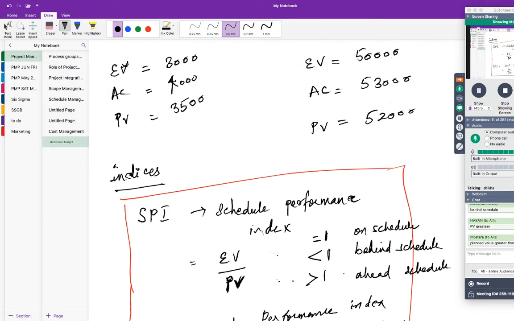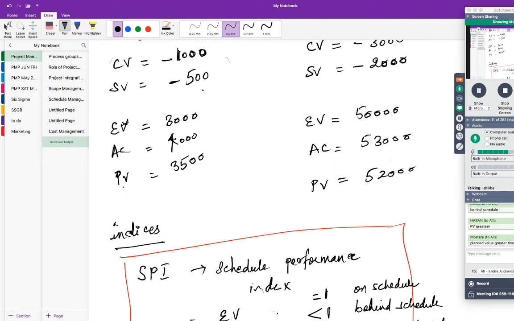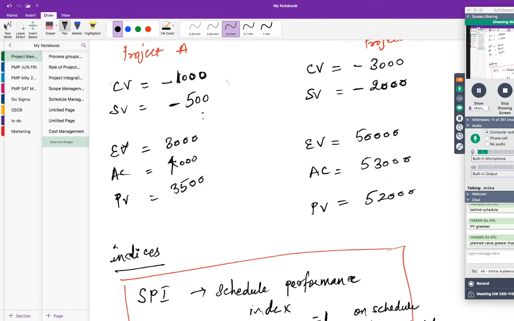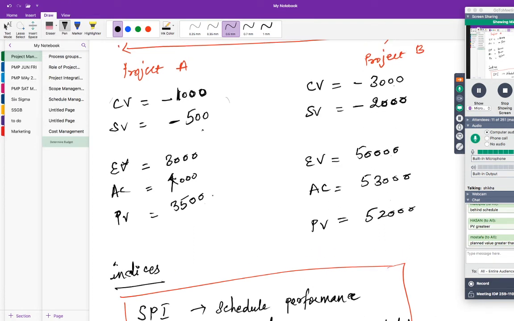Now you find out SPI and CPI for project A and SPI and CPI for project B, and tell me the answer. Calculate for project A and project B, schedule performance index and cost performance index, and let me know.